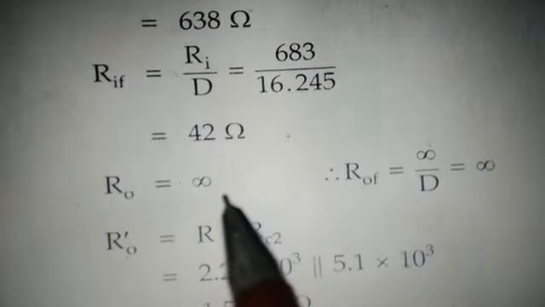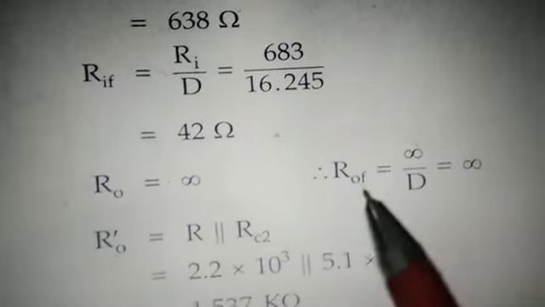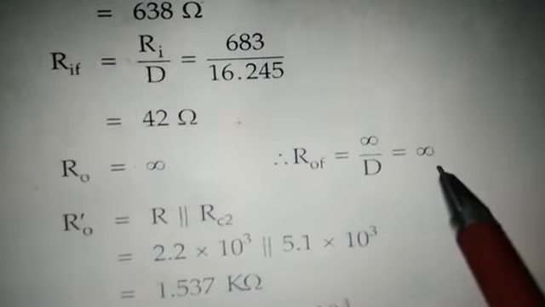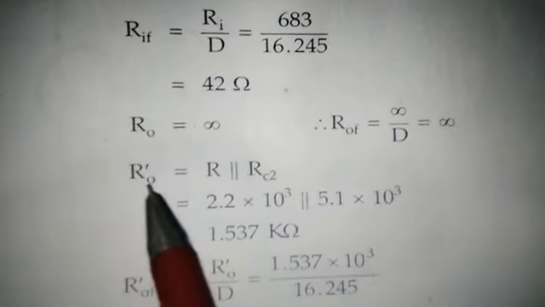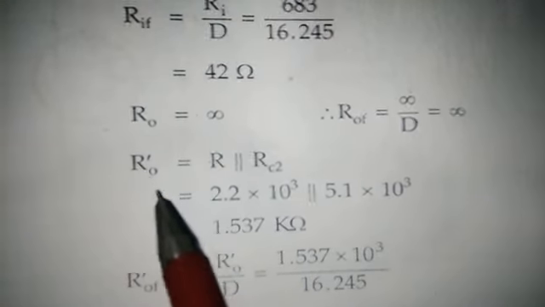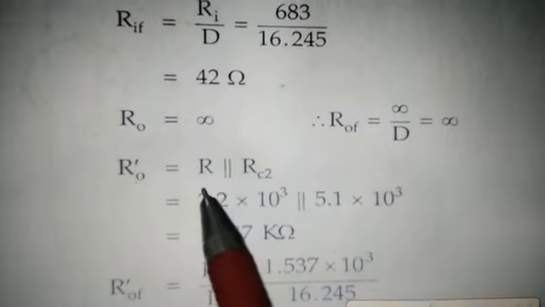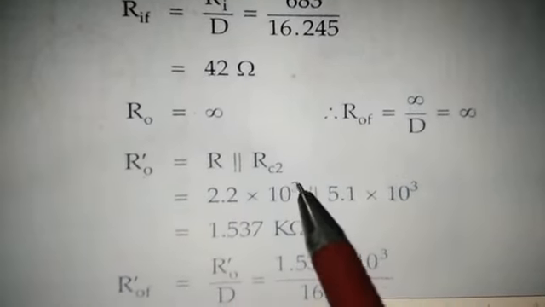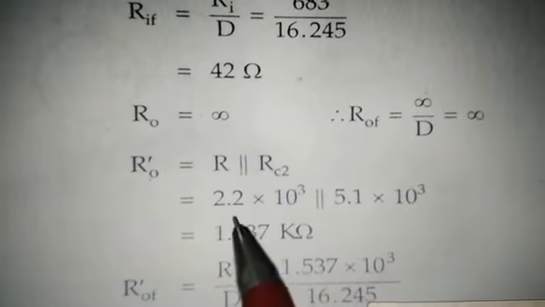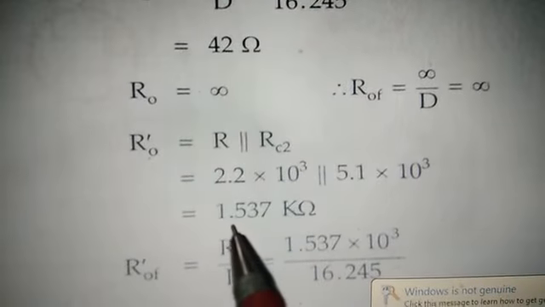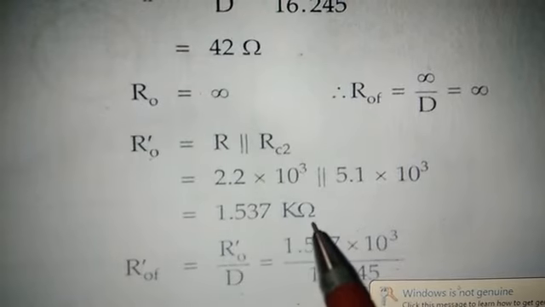RO is infinite in open loop. Hence ROF will be infinite by D. It is also infinite. But overall effective output resistance is RO without feedback. Looking at the circuit to the output side, we will get R parallel to RC2. R is given, RC2 is given, parallel combination is 1.537.